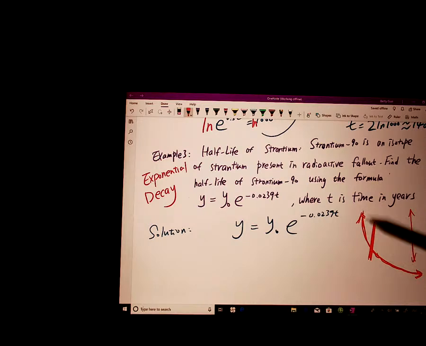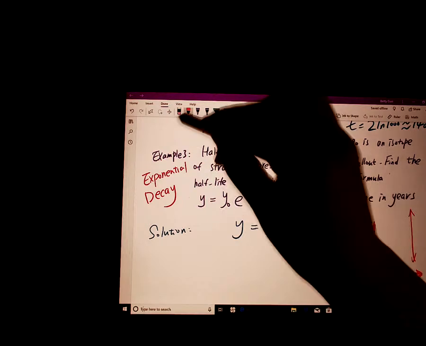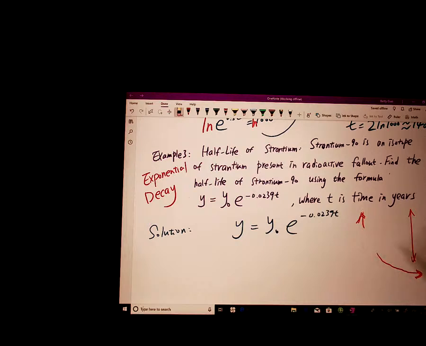In the beginning of the decay, it is losing weight very fast. In the end of the decay, it is losing weight very, very slowly. So the half-life is going to be shorter than half of the lifetime. Am I clear about that? You can repeat the video and really try to make sense of that.